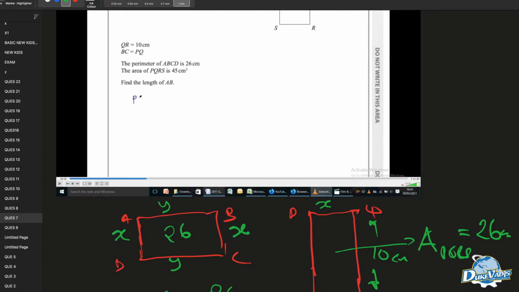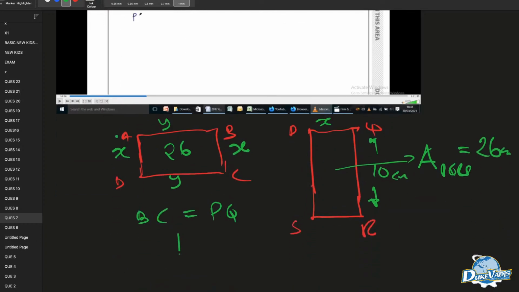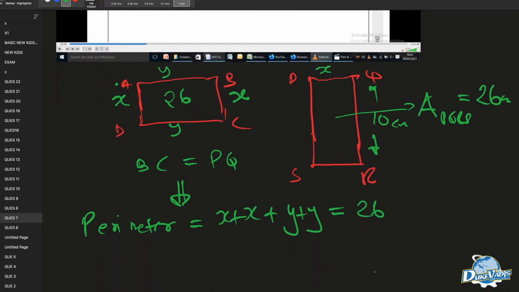So we are looking for the length AB, which is y. If I use the first figure, the perimeter will give me x plus x plus y plus y equals 26. So I get 2x plus 2y equals 26 as equation 1.